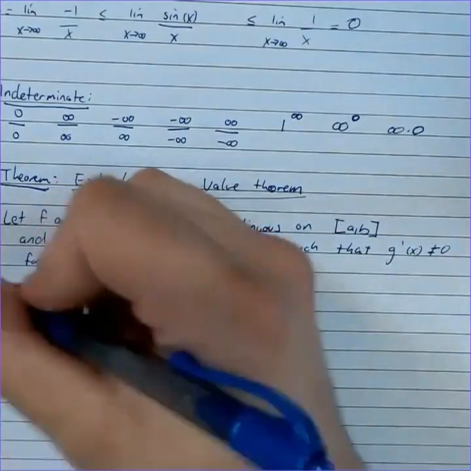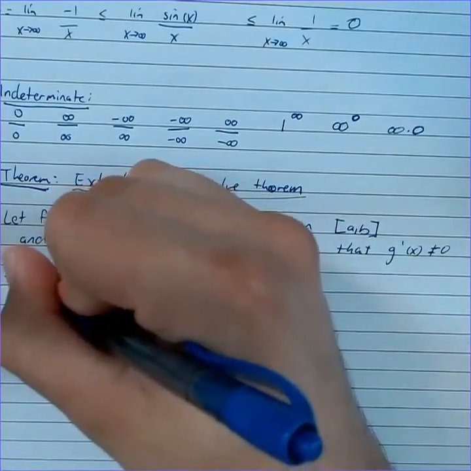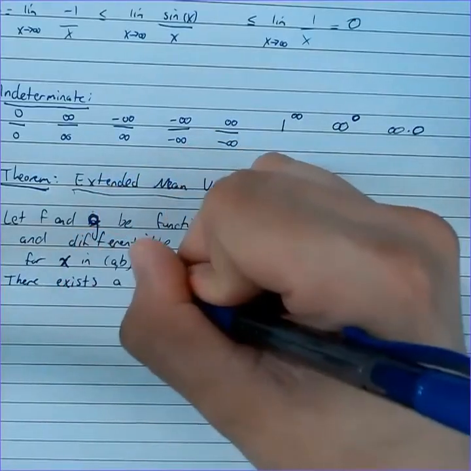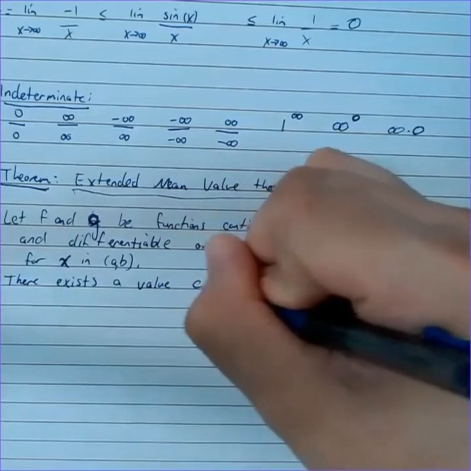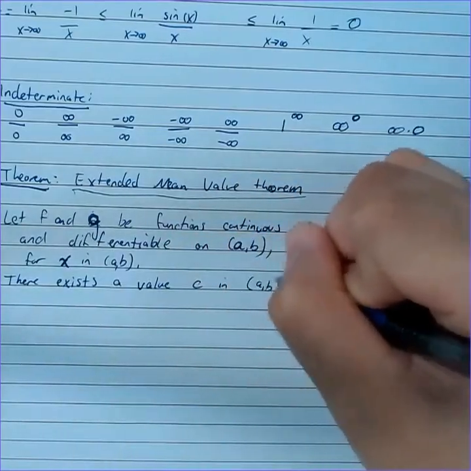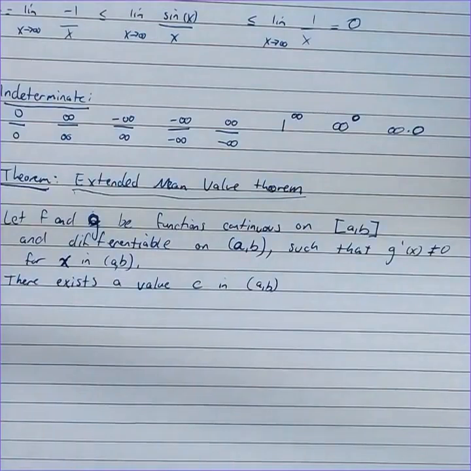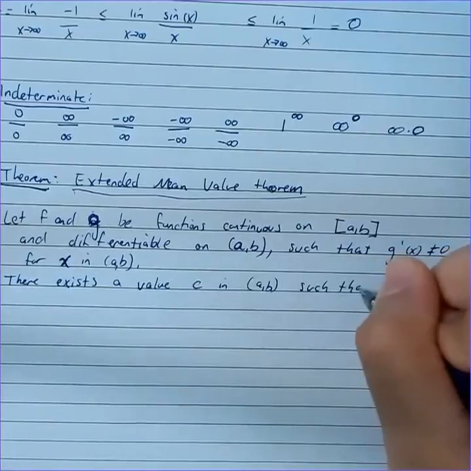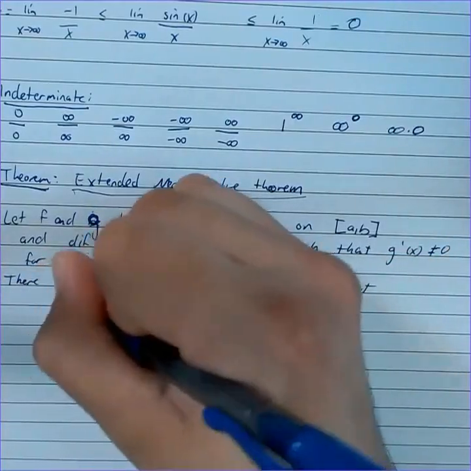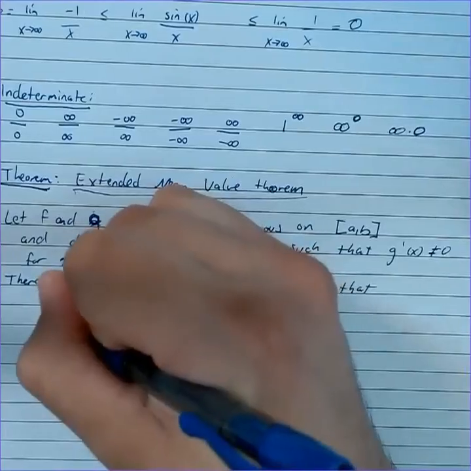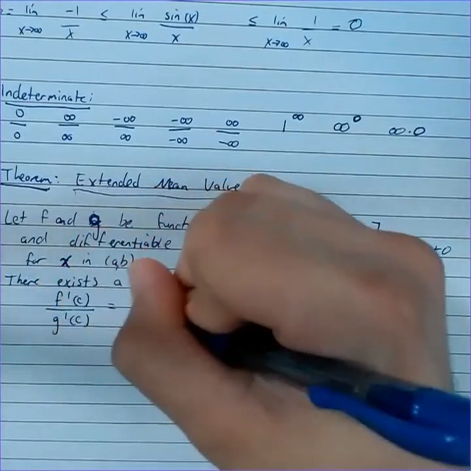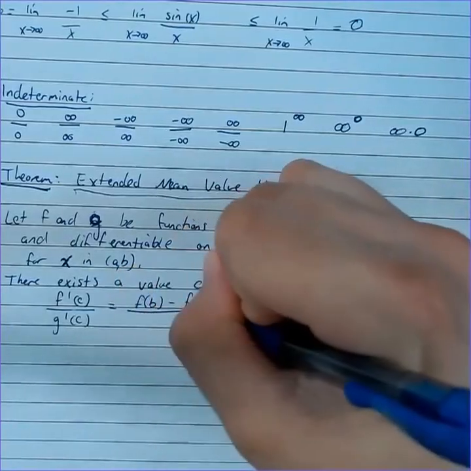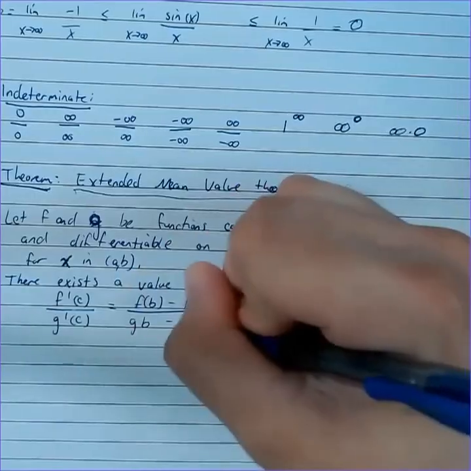Assuming all these things are true, there exists a value c that's in the interval from a to b, somewhere in the open interval from a to b, not a or b, such that f prime at c divided by g prime at c is equal to f at b minus f at a divided by g at b minus g at a.